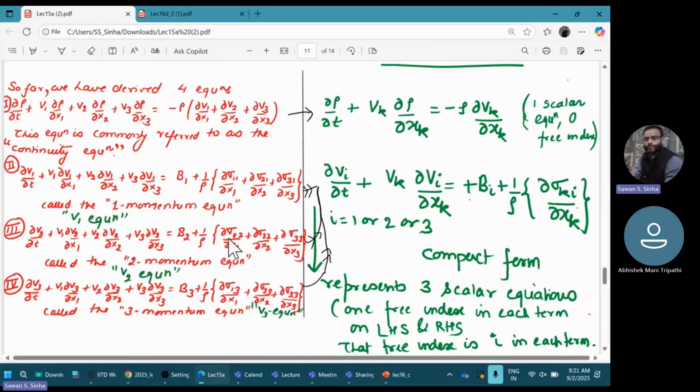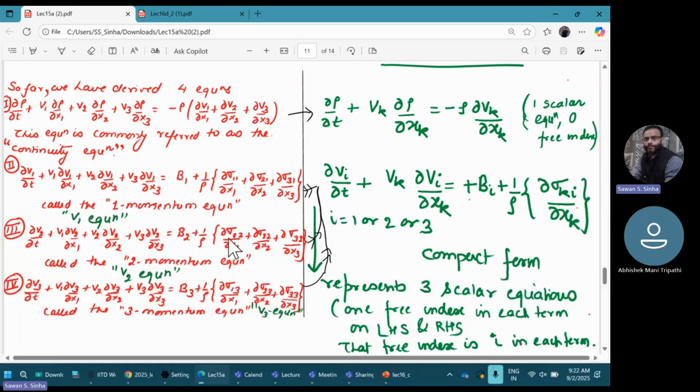Okay. One more thing before I start deriving equations for temperature. Lot of writing, lot of space this is taking. You can think of conveying the same information using index notation.